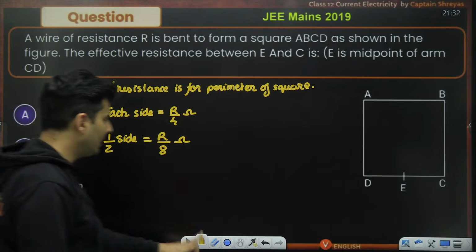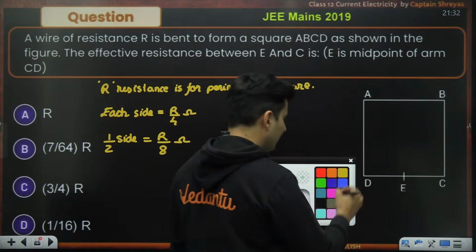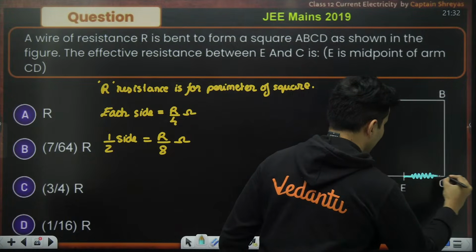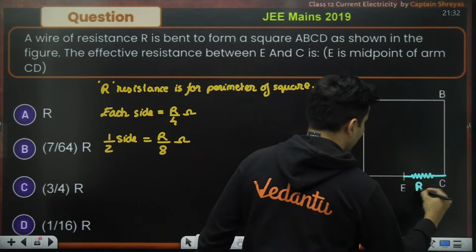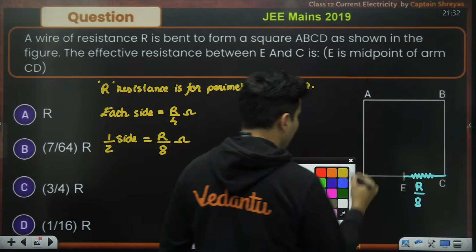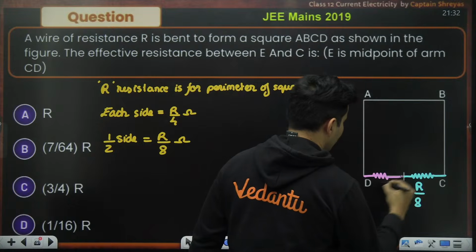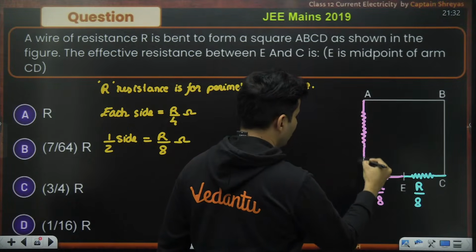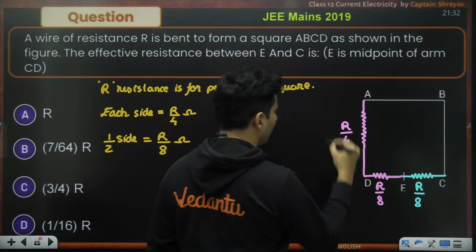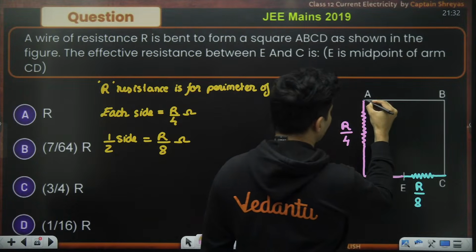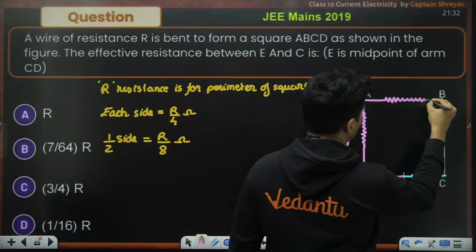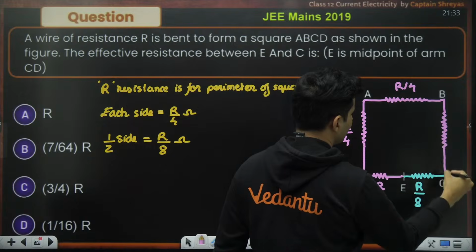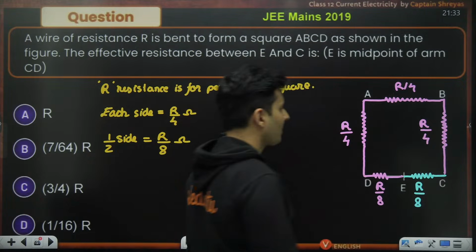This I kept in mind. Then I realized that, okay, fair enough. That means this much resistance is how much? R by 8. This much is R by 8. And the remaining things over here, this is R by 8. This thing over here is R by 4. Correct? R by 4 is each side. This is also R by 4. And lastly, this is also R by 4.